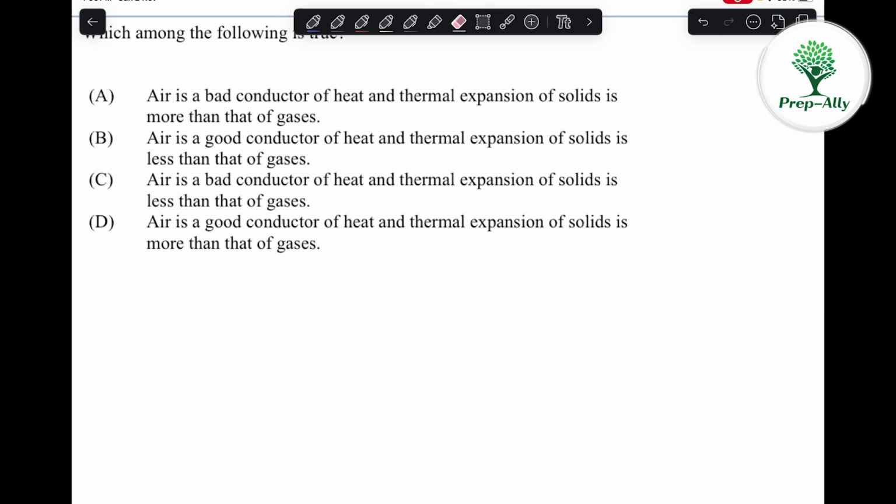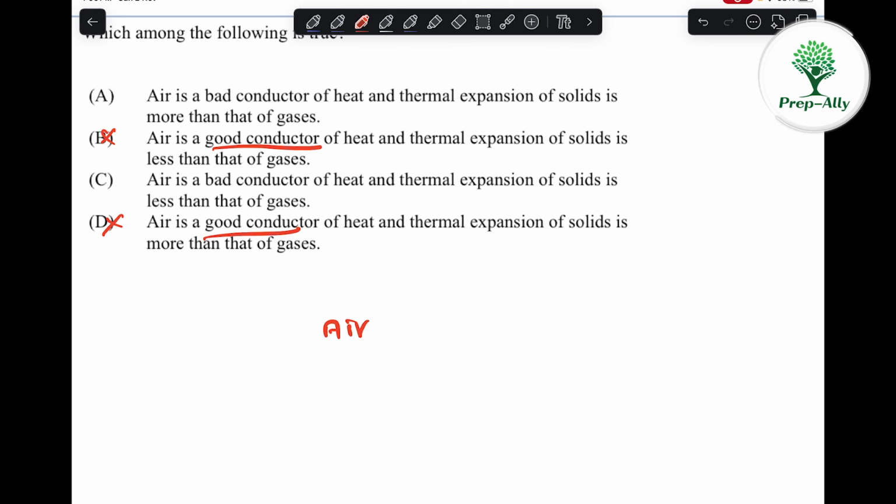Which among the following is true? Is air a bad conductor or good conductor of heat? Obviously, air is a bad conductor of heat, that we already know. So I can eliminate B and D options directly, because air is not a good conductor of heat.